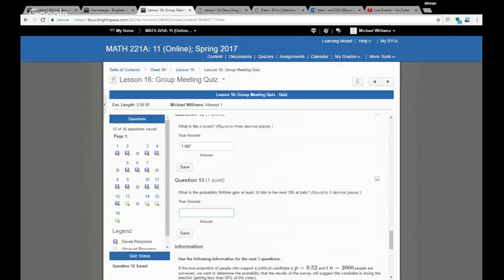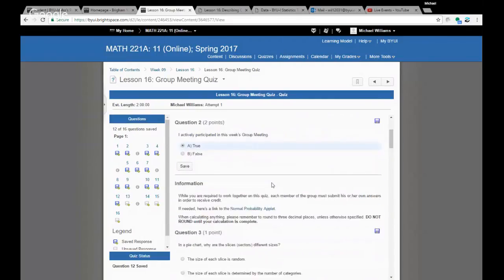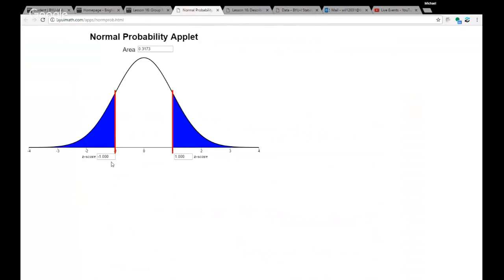So then the probability, we need to get our probability applet. At least 35 hits. Yeah, so we get the applet, we input the z-score of 1.087, and because we're asking for at least 35 hits, if I understand correctly, we would shade the left tail and the middle because that's at least 35 hits, whereas if we go more than 35 hits, we're looking at the right tail.